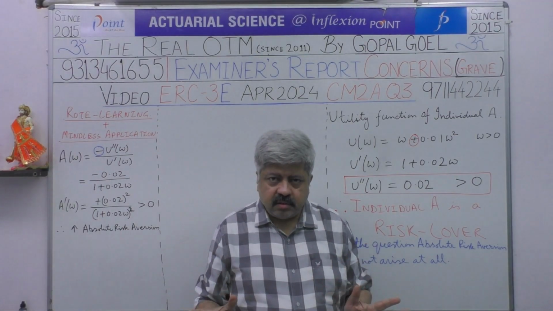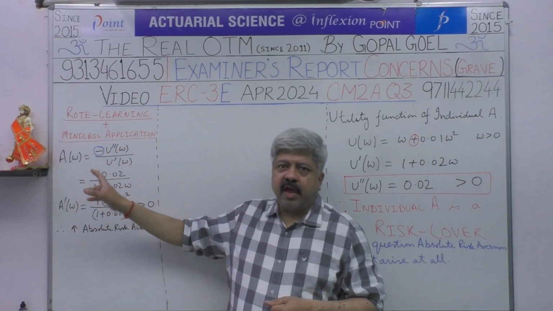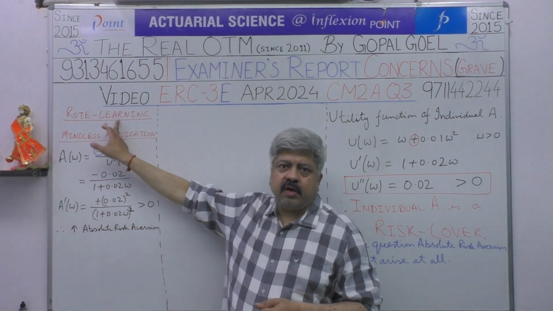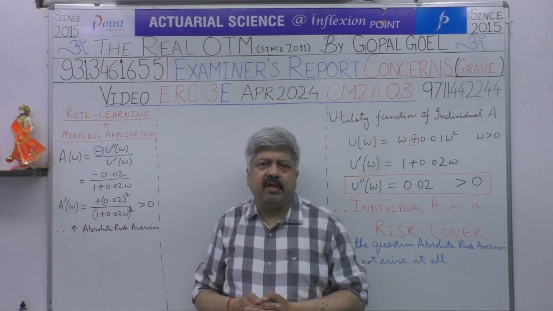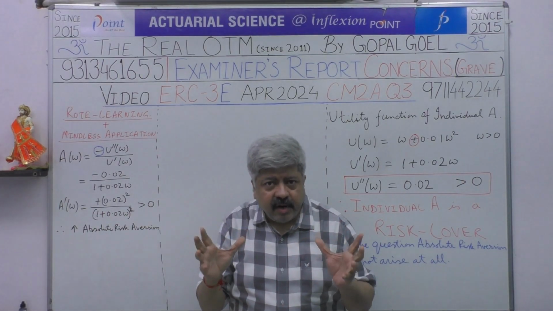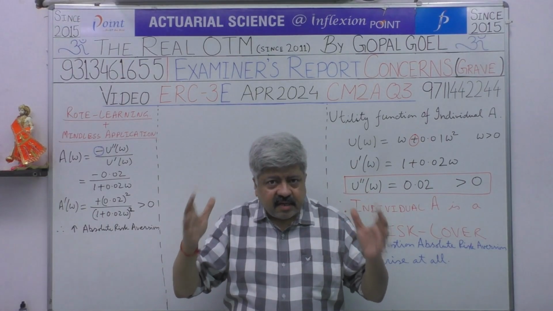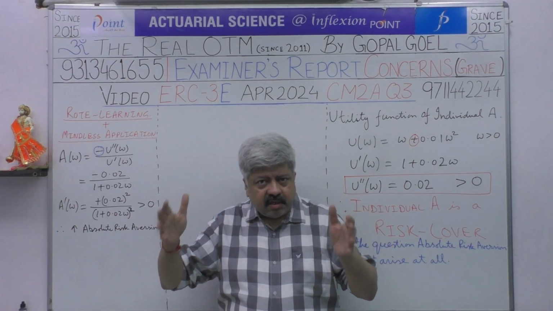So apart from the extraordinary brilliance of rote learning and mindless application, there is another element of extraordinary brilliance involved in this solution, and that element is gross inconsistency between the answers of various parts.